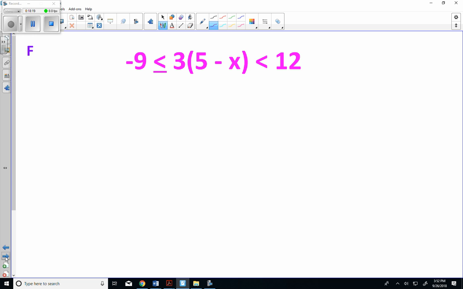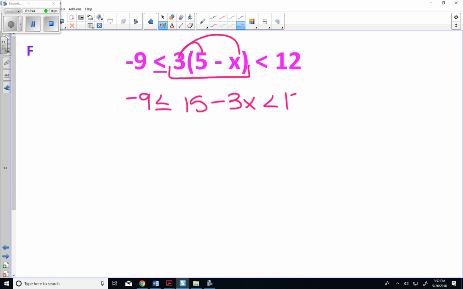All right, now solving this inequality. Because the variable is in the middle here, we have to isolate the variable. So first, you can either distribute the 3 or you can divide by 3. So we're going to distribute the 3. Negative 9 less than or equal to 15 minus 3x less than 12.